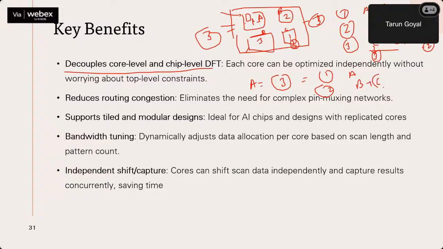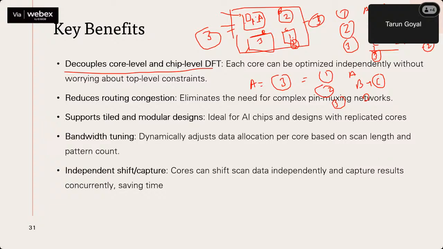Then again I'm changing C and changing A. Then it changes my combination to B plus C. Then I use a third combination where only the D core is used. So it all depends on one core, which again changes your core C and your entire test structure and your SOC also. So that was the limitation.